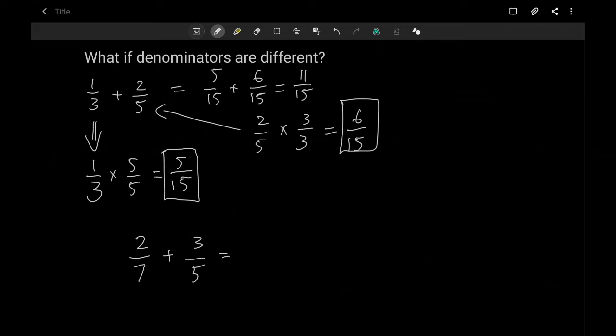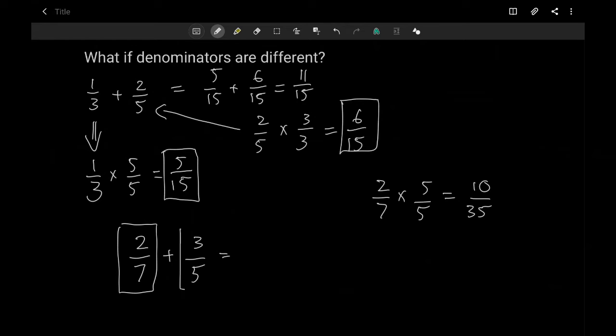So let's apply this principle to another question. If we look at this new question, 2/7 plus 3/5, and we follow the same principle, that is, we multiply the first fraction, which is 2/7, by the opposite denominator, which is 5, we get 10/35.